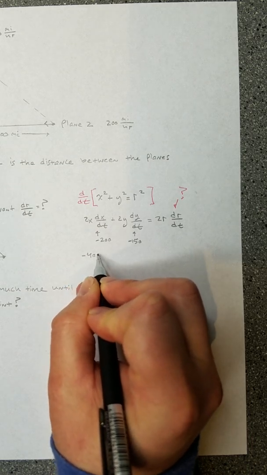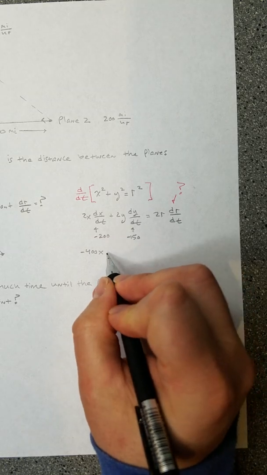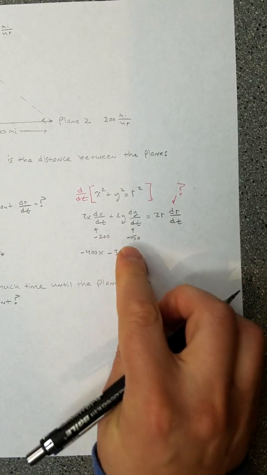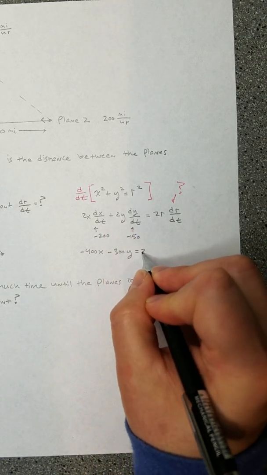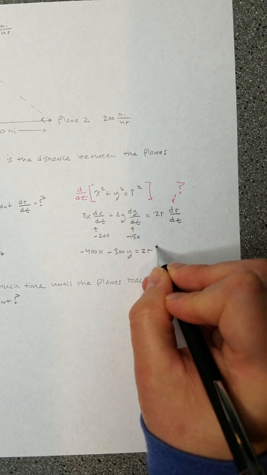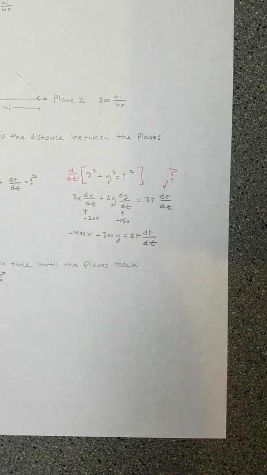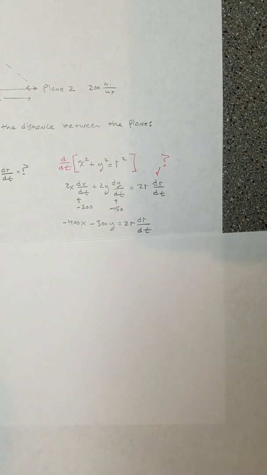Negative 400x minus 300y, okay. And then over here, 2r dr/dt. Okay, and I think I'm getting pretty close to solving for dr/dt.